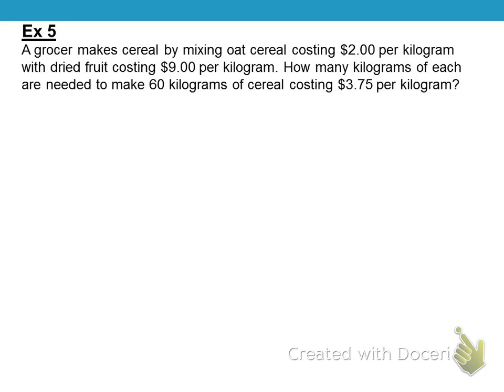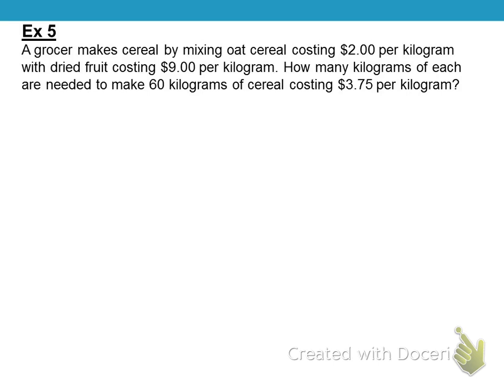Example 5 says a grocer makes cereal by mixing oat cereal costing $2 per kilogram with dried fruit costing $9 per kilogram. How many kilograms of each are needed to make 60 kilograms of cereal costing $3.75 per kilogram?